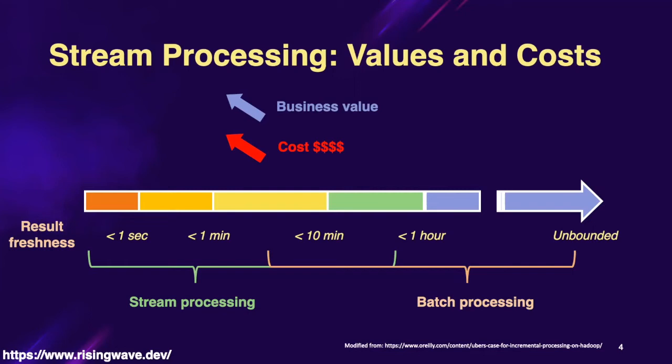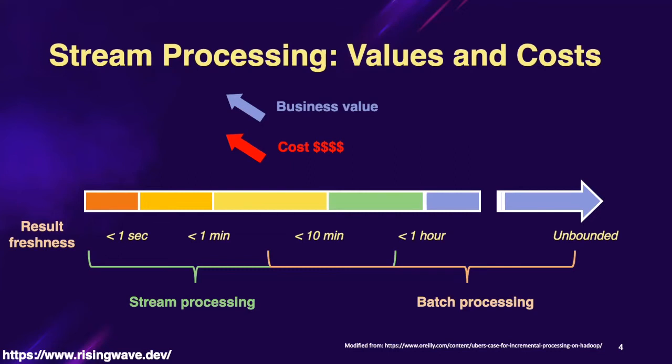But another problem is that stream processing is normally very costly because you keep the system running. And if you are doing stateful jobs, for example, some aggregation in a streaming job, you need to keep the state in your system.